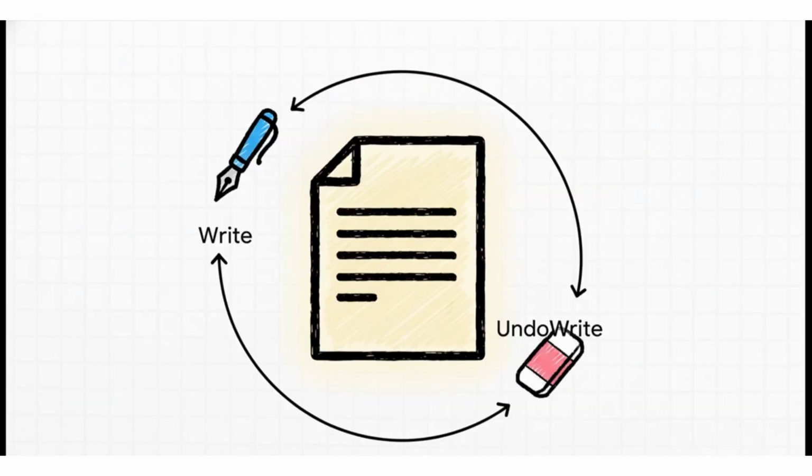To see how this all clicks together, let's meet the key players. First up, we have the receiver. Now, this is the object that actually does the work. So in our text editor example, the text editor itself is our receiver. It's got all the nitty-gritty logic for writing text or deleting it.